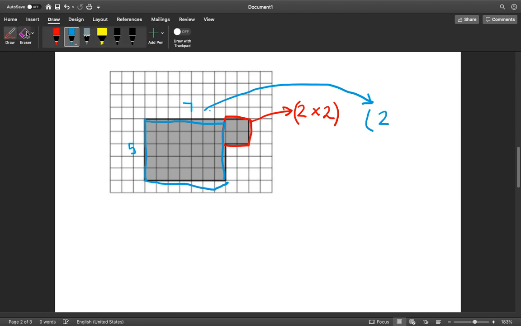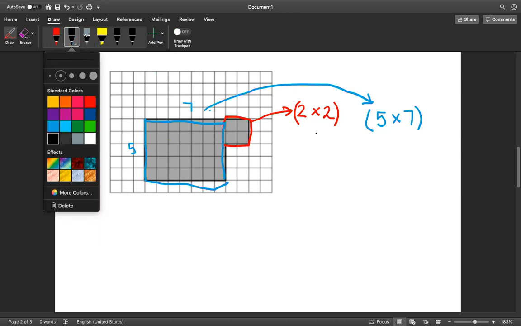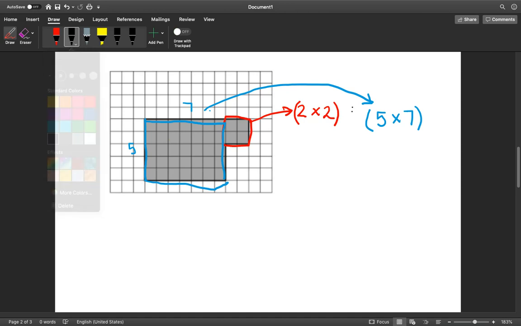No, I'm not. My goodness, Miss Bell. I was looking at my old problem I wrote. I'm going to write 5 times 7. So when I find the area of these 2 rectangles and I combine them together, I'll be able to find the area of this entire shape.